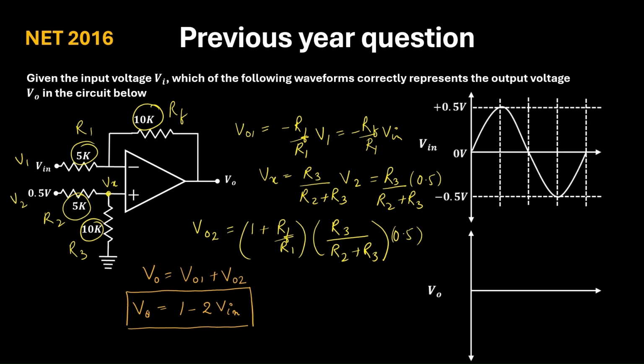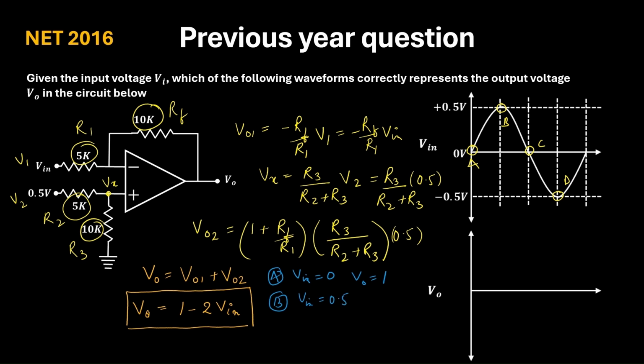So let us come back to this input plot. So I will call this point as A, this is B, this is C, and you can call this as D. So at point A, V in is 0. So when V in is 0, your corresponding V output will be 1. At point B, V in is 0.5.